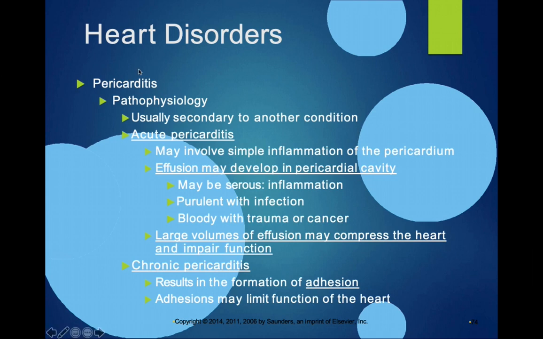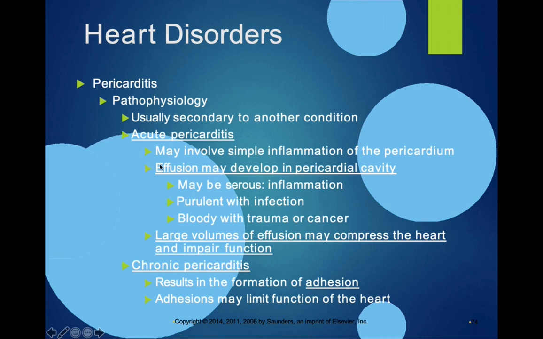With pericarditis, there's acute pericarditis and chronic pericarditis. This may involve simple inflammation of the pericardium. This is where there is effusion or buildup of edema that can develop in the pericardial cavity. It could be serous, purulent, or bloody.